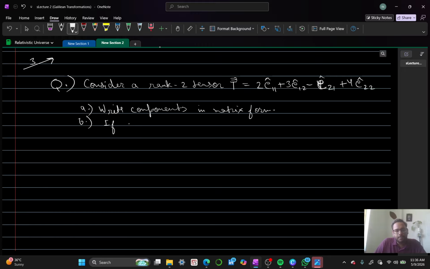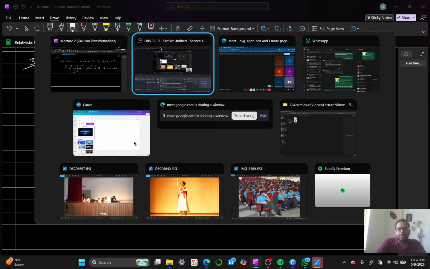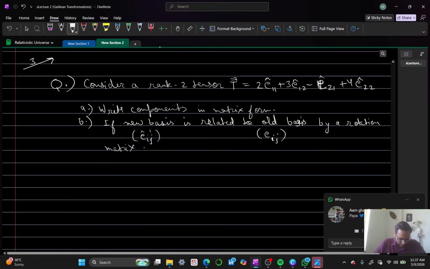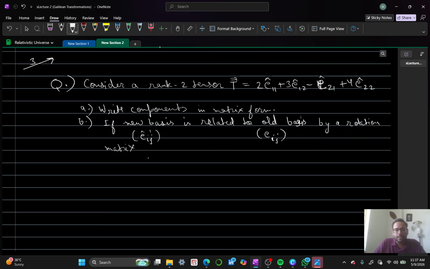Secondly, if the new basis is related to the old basis, such that the new basis is, suppose, the primed frame and the old basis is the unprimed frame, by a rotation matrix, and the matrix is 1 minus 1 plus 1.